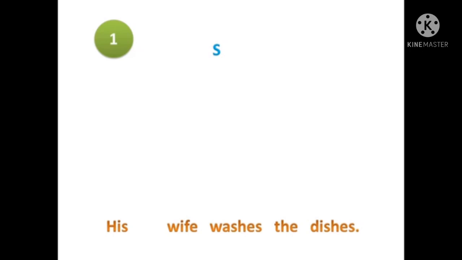Now we analyze them. The sentence is divided into 2 parts, namely noun phrase and verb phrase. The noun phrase consists of a determiner and a noun. The determiner here is his, and the noun is wife.